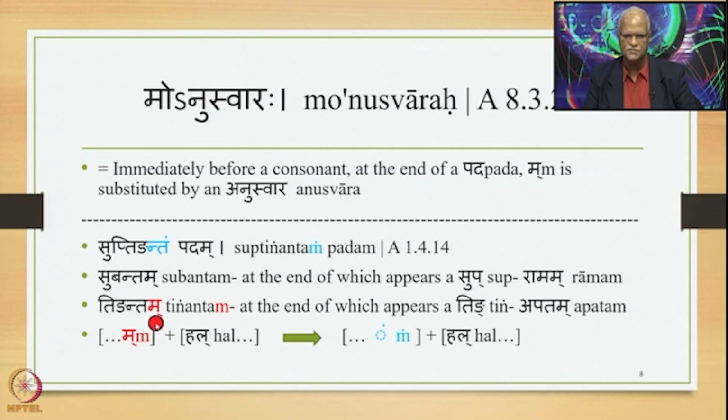But once this Ma is followed by a consonant, for example over here, Pa is a consonant, and so this Ma at the end of Tingantam is substituted by an Anuswara, Suptingantam Padam. This sutra itself is an example of Monusvaraha.